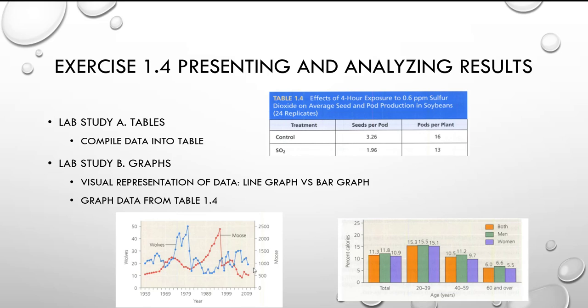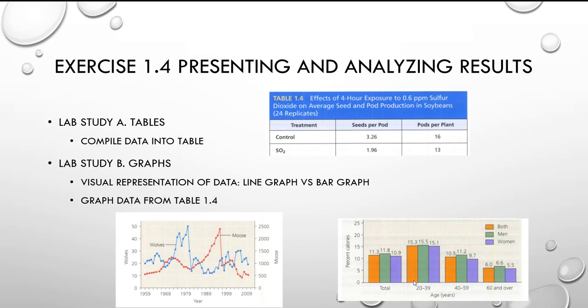You can also see that in this particular graph we have 2 y-axes because the variables were too different. The population sizes were too different. We're in the thousands with the moose population, and up to 50 in the wolf population. We couldn't put them on the same axes because it would be read too differently. So we have 2 separate y-axes here. That's just a little different for you to interpret.